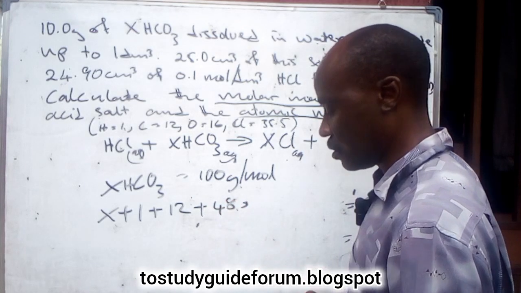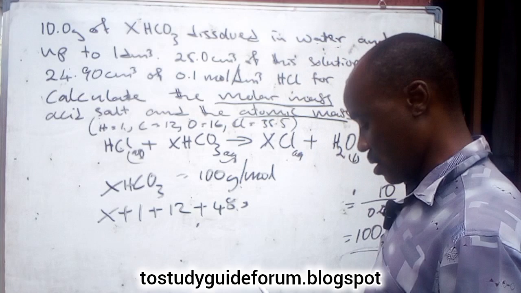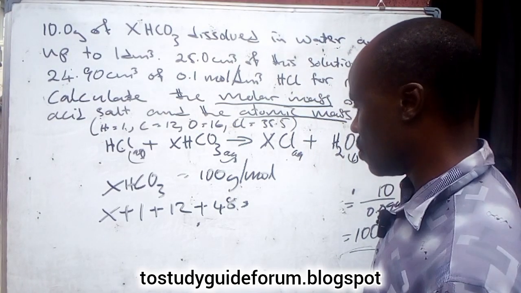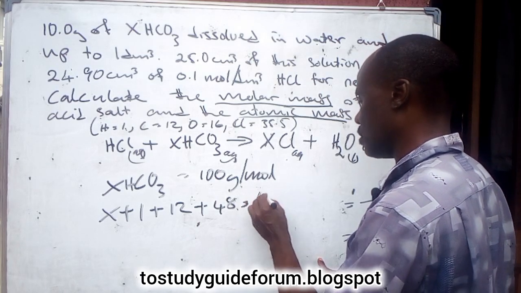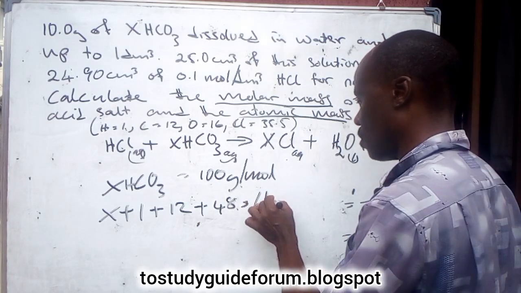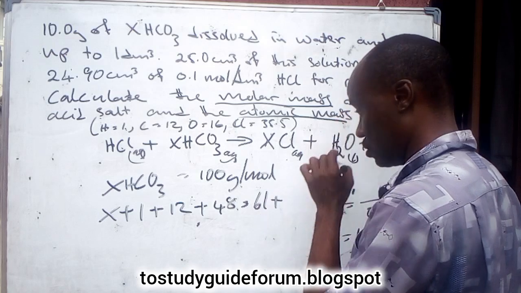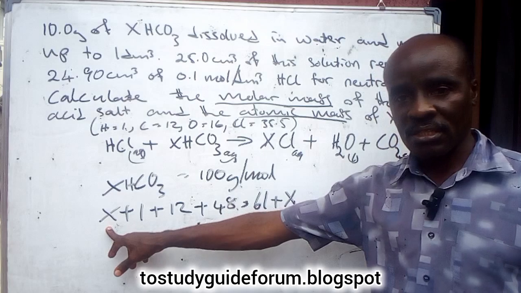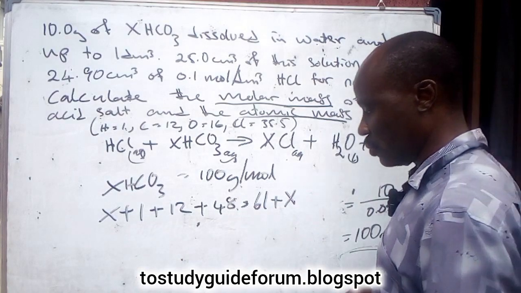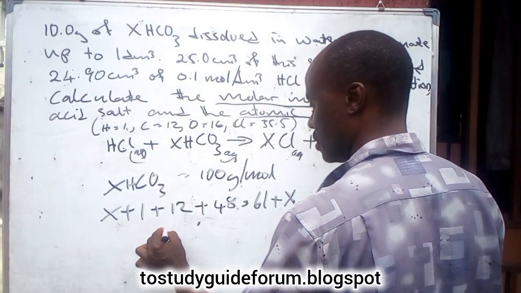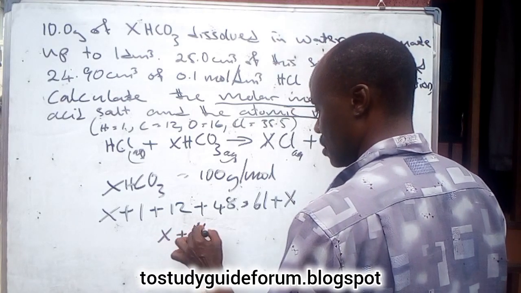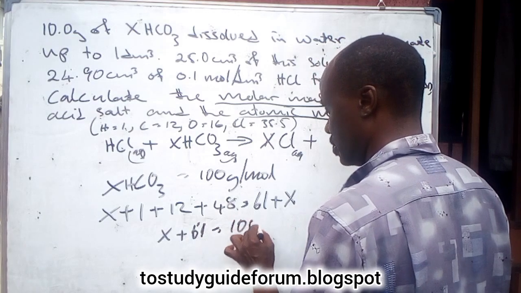All of them give us 61, without X. So X plus 61 is equal to 100.